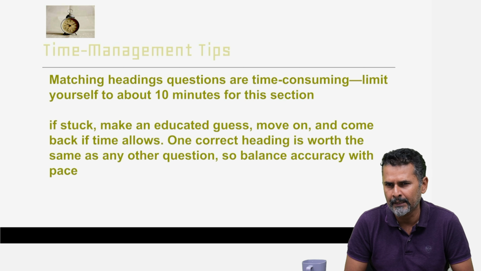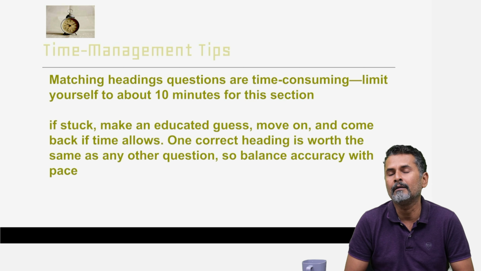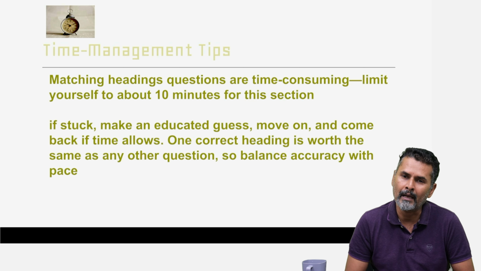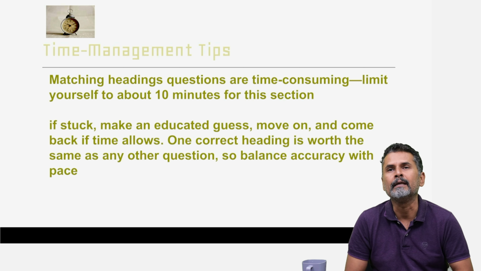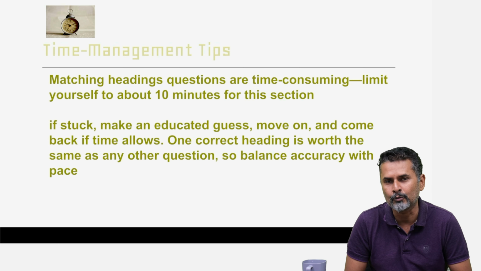After that, you can adopt the headings first strategy, in which you skim through the headings and then through the passage and try to match them. Or you can adopt the paragraph first strategy, where you skim through the passage and identify the main theme, and then go through the headings and try to match them from memory.